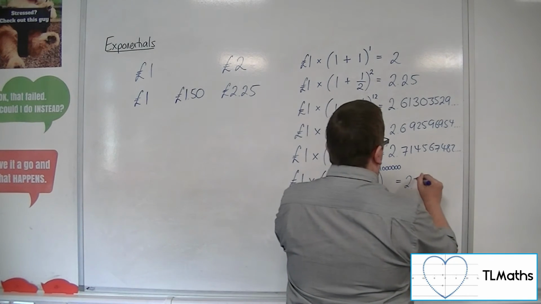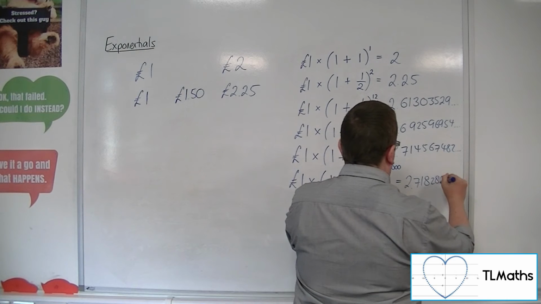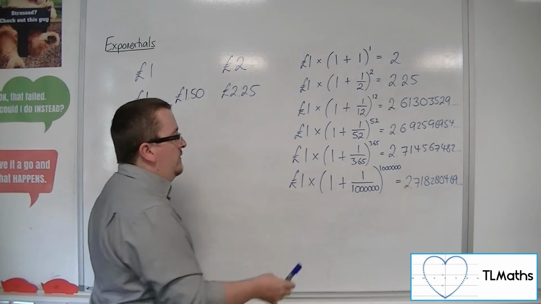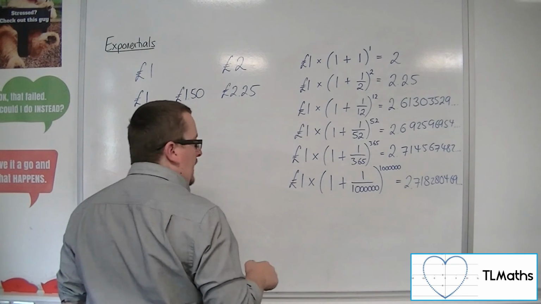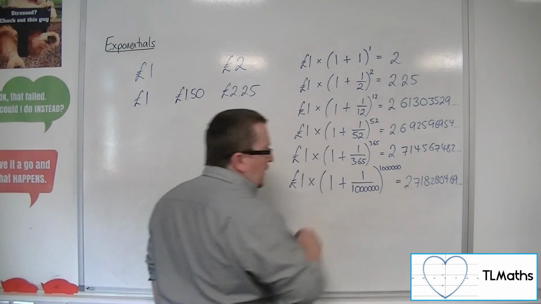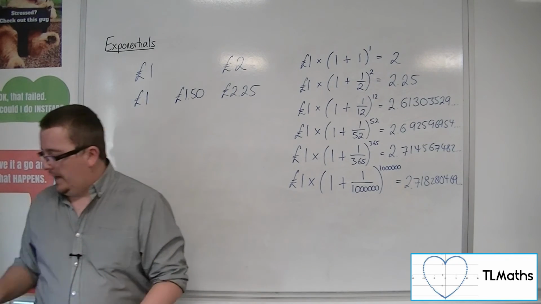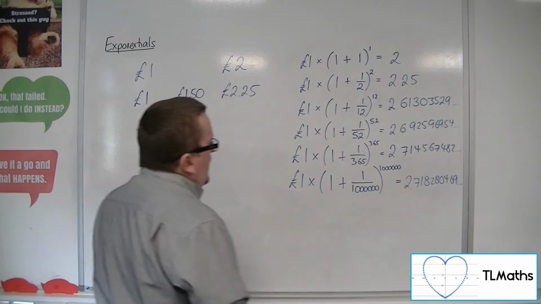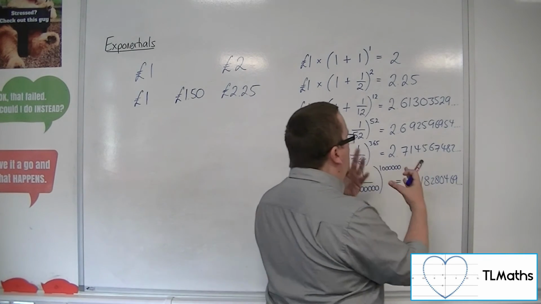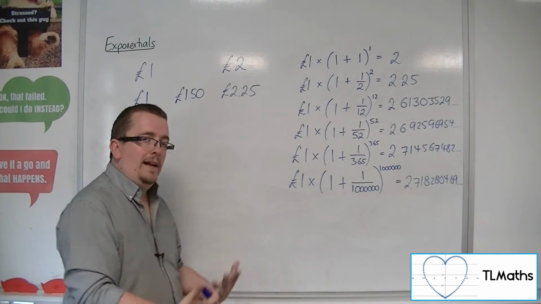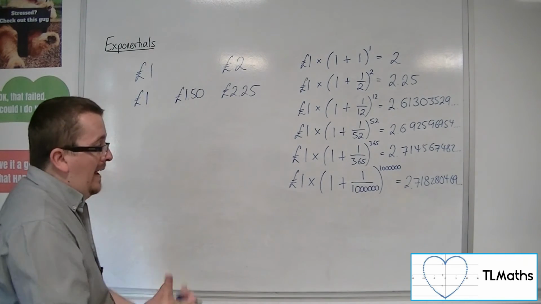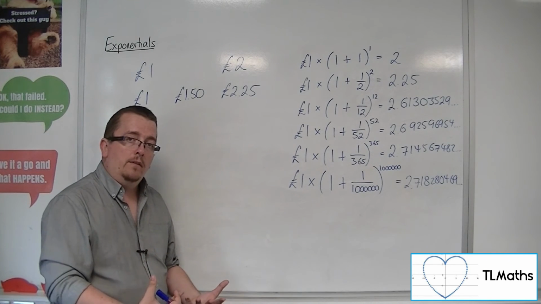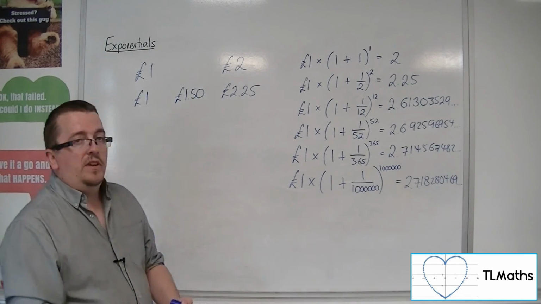And that's 2.718280469. Okay, so even though we've increased this number dramatically, the actual number that we're getting here hasn't changed a great deal. Okay, and you can see that it does seem to be homing in on a particular value. And that value is this mathematical constant that I was talking about. Okay, we actually call this number e.